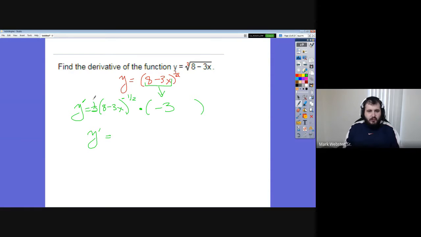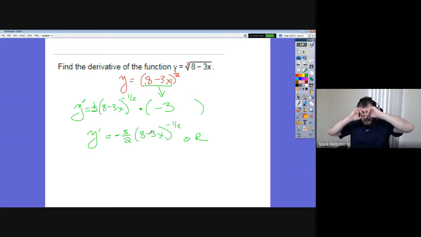I'm going to take the negative 3, bring it up front, and put it in the numerator of that fraction. And then you can either, in my opinion, leave it like this, or sometimes they'll want you to not have any negative exponents. On the AP exam, it's not going to matter. If you wrote that down on the free response, and that was equivalent to the correct answer, you get full points.